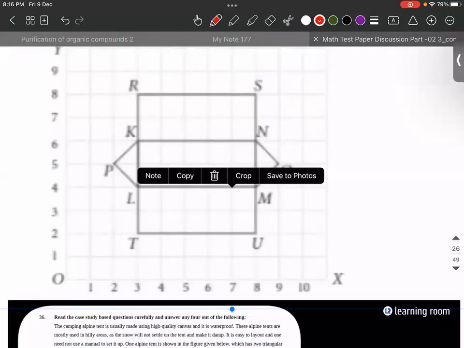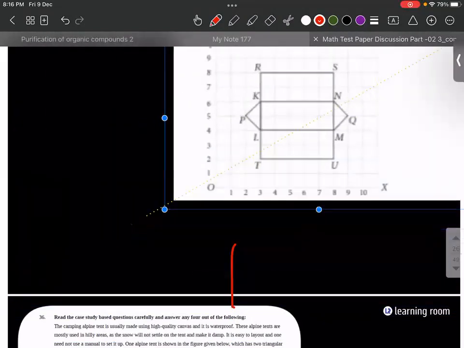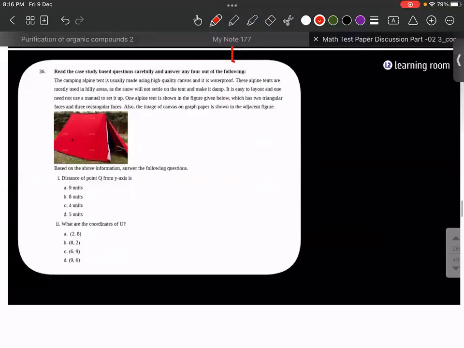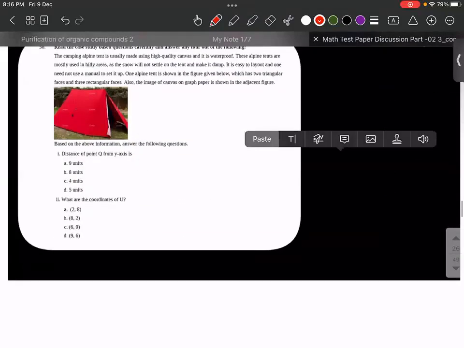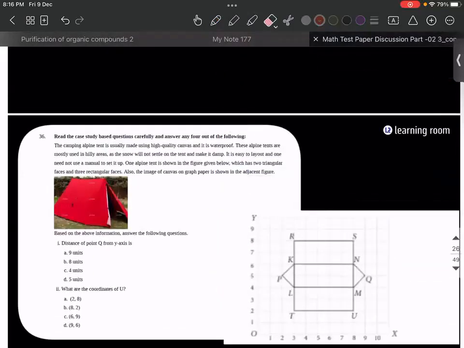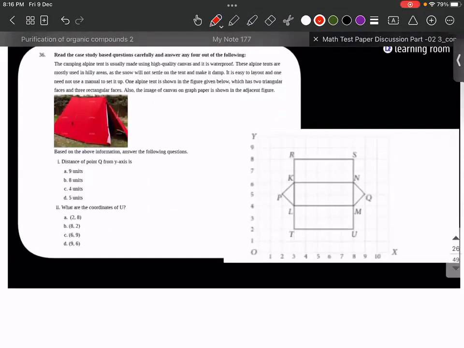Tell me. The first one is 9 units. Distance of Q from the y-axis. So distance of Q from the y-axis is 9.